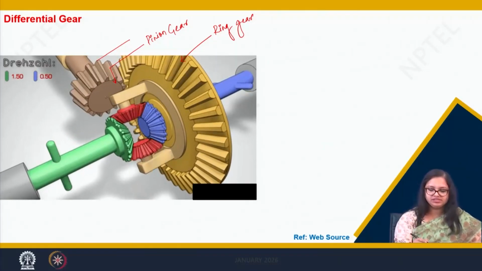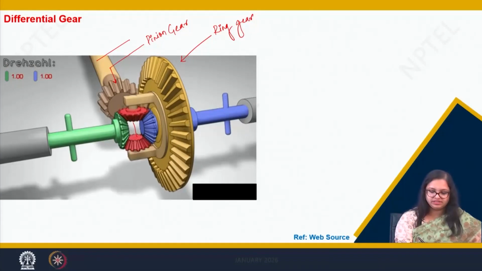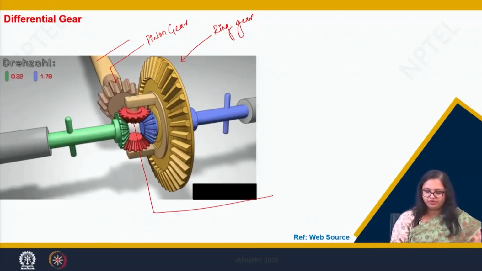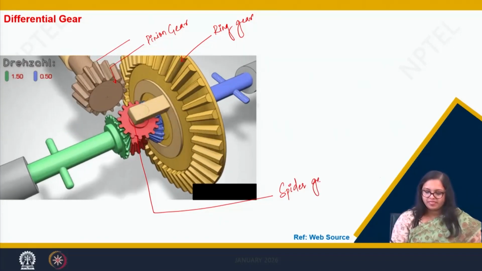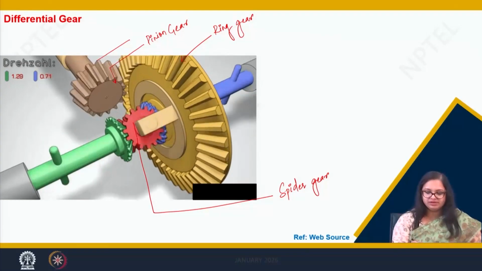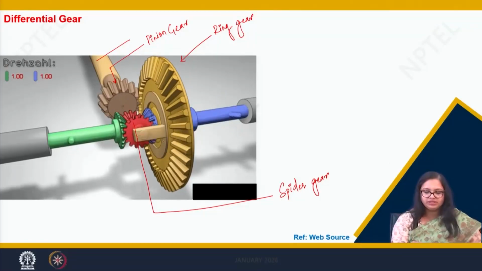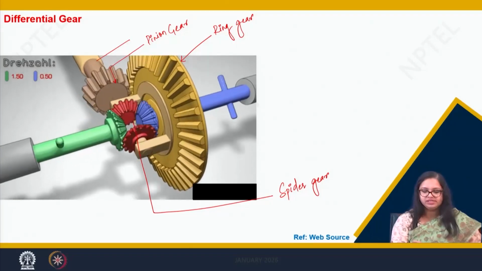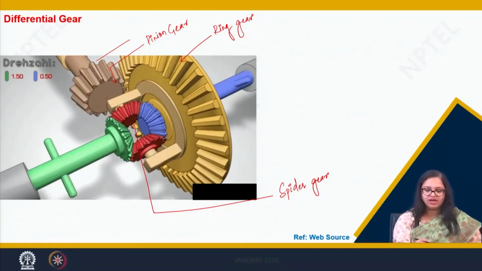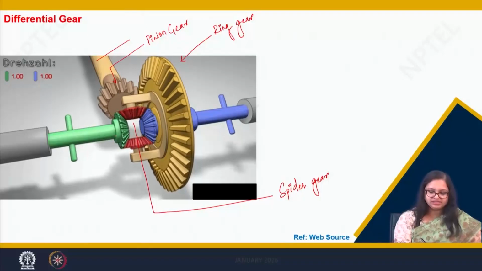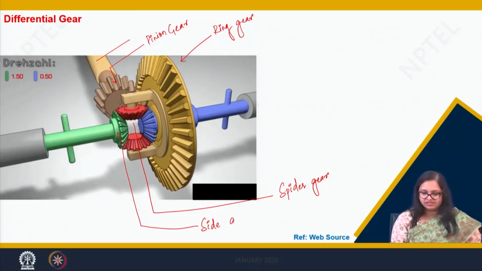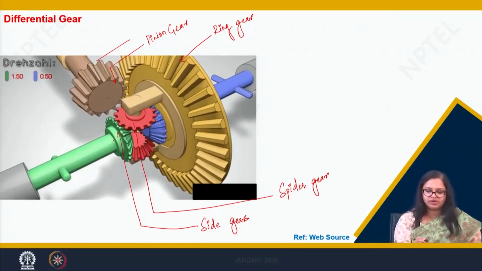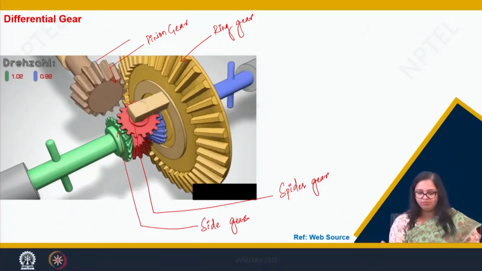Now, on this ring gear there is this red color component, which we call the spider gear. These spider gears move along with the ring gear, and also they can rotate about their own axis. They are connected to the side gears. There are two side gears, the green one and the blue one.